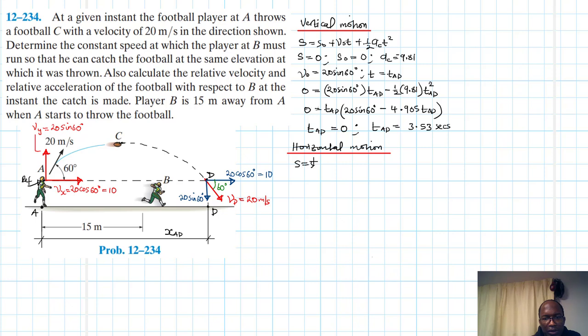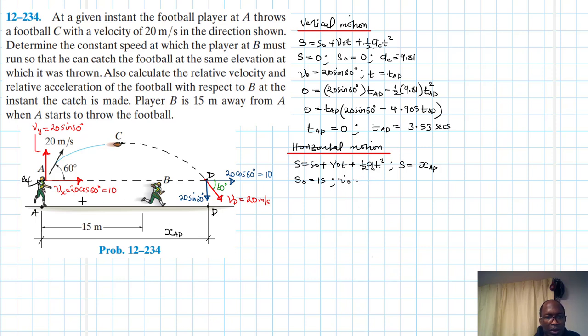We have S equal to S naught plus V naught T plus half A T squared. So our S in our case here is X_AD, and then we have S naught equal to 15. We have V naught equal to V_B, which we are trying to find.